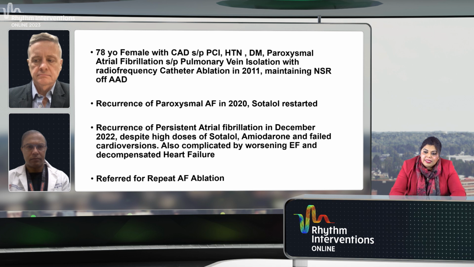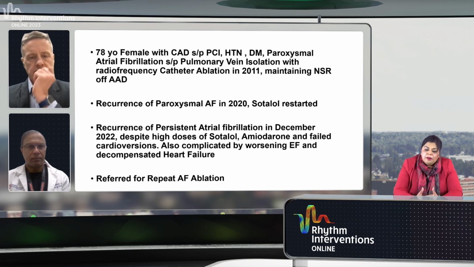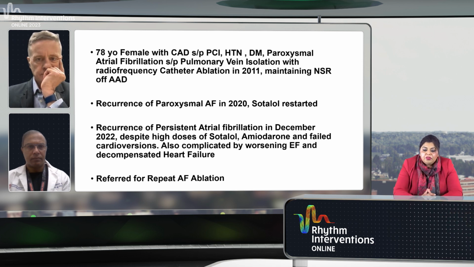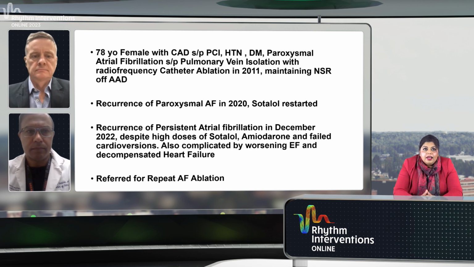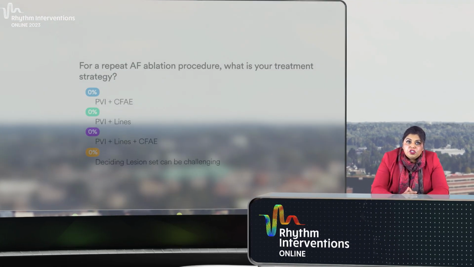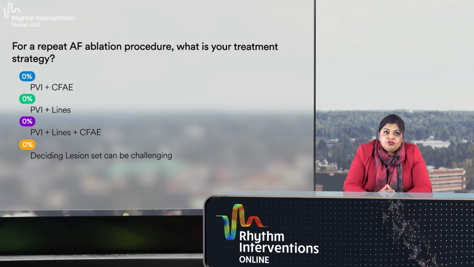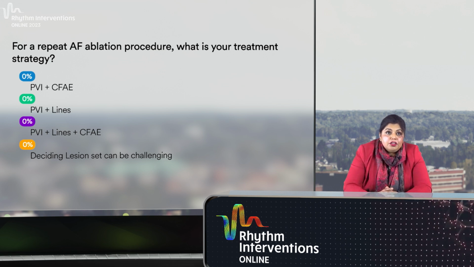I want to take a moment and do our poll here, if possible, before we go on to our case clip. I want to ask the audience what their thoughts are with our poll question. For a repeat AF ablation procedure, what is your treatment strategy currently? Are you doing PVI plus CAFEs?